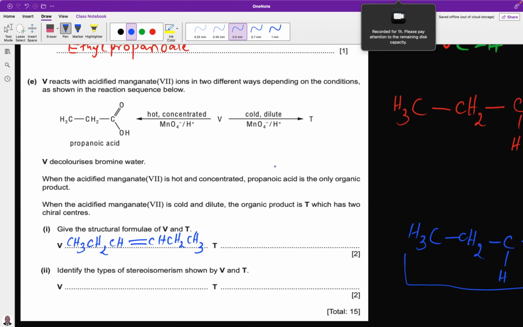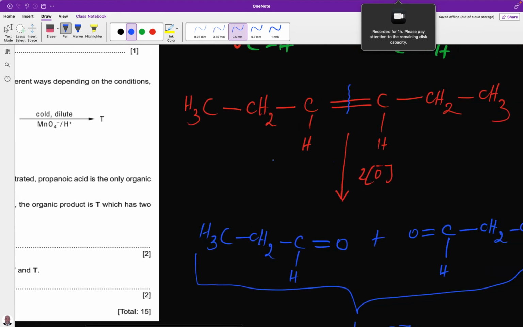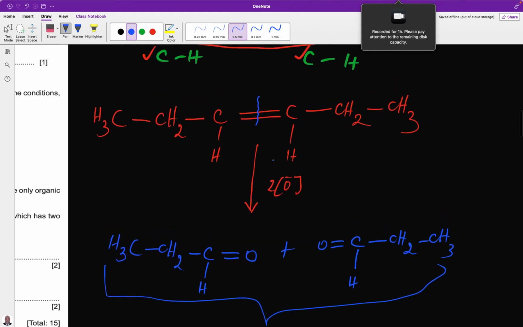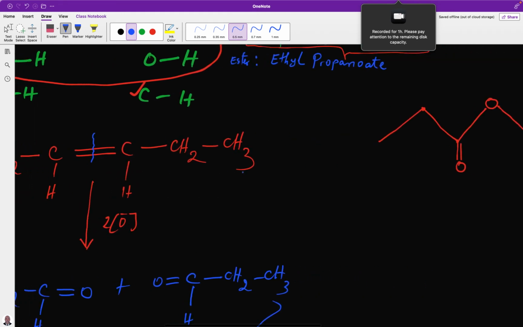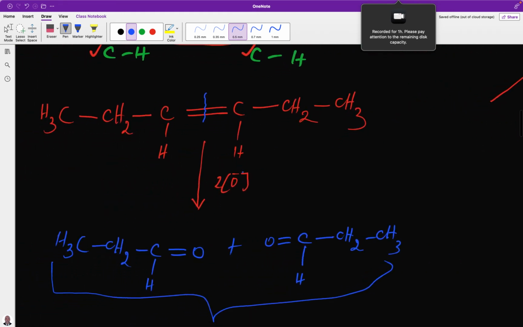Then T, under cold dilute. Remember that under cold dilute, if you can go back to our previous video on this, a diol is formed. So we are saying that under this condition, a diol is formed. So under this condition, see what will be formed here.